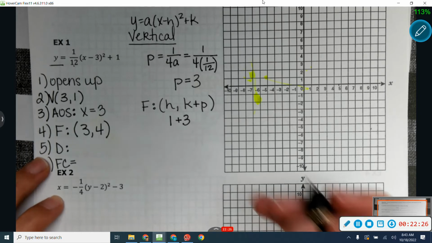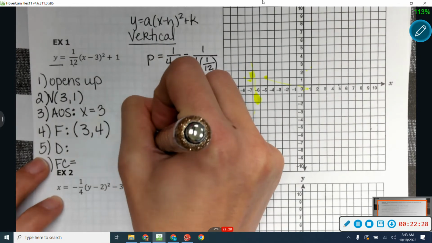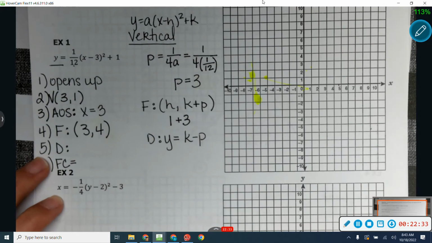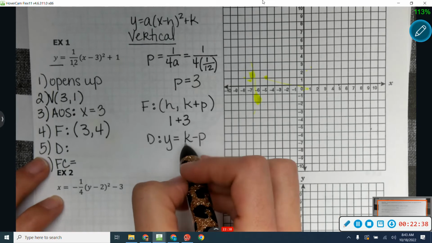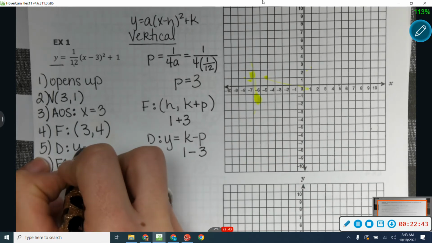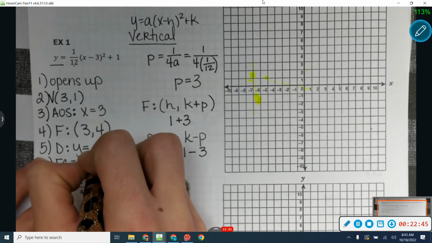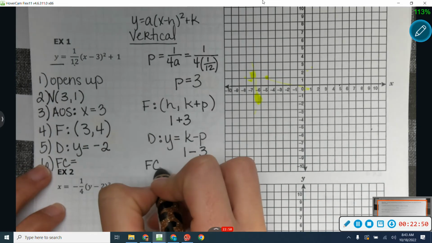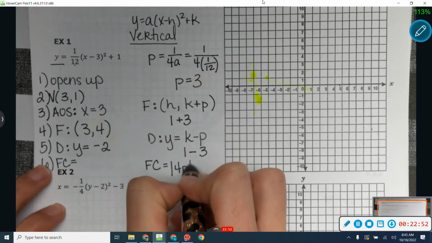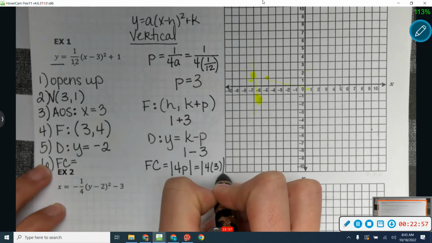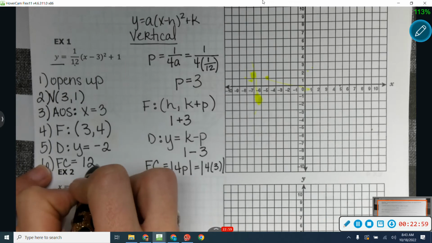Now my directrix is y equals k minus P. So I'm going to have 1 minus 3. So my directrix is y equals -2. My focal chord is the absolute value of 4 times P. So the absolute value of 4 times 3, which is just 12.